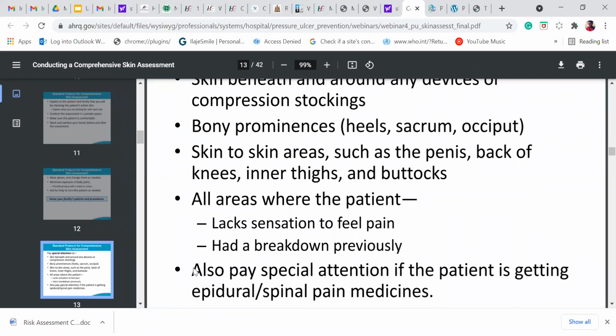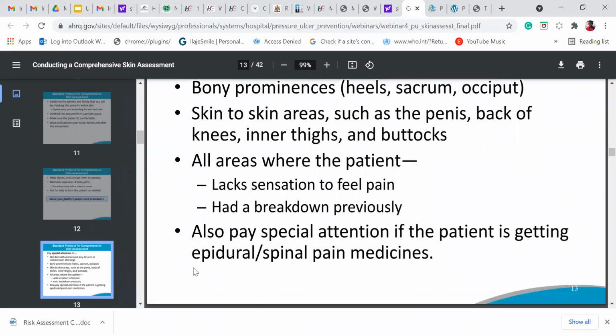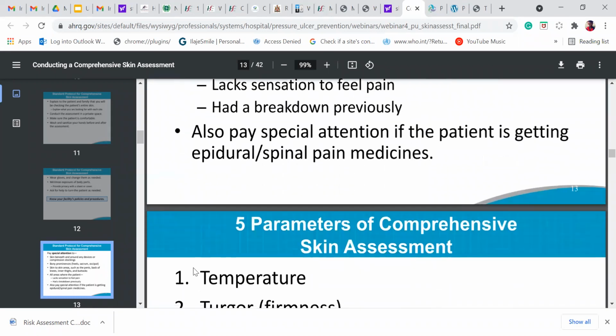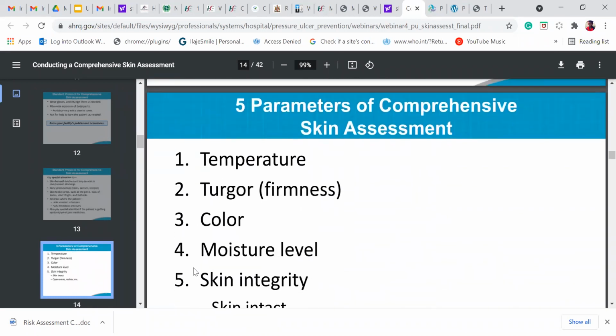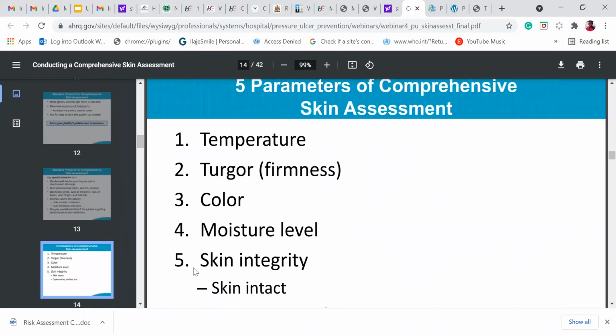You need to pay attention to this, especially for patients with diabetes. Also pay attention if the patient is getting epidural or spinal pain medicine, because this can reduce their sensitivity, and they might not know if there are any cuts or any injury to their skin.